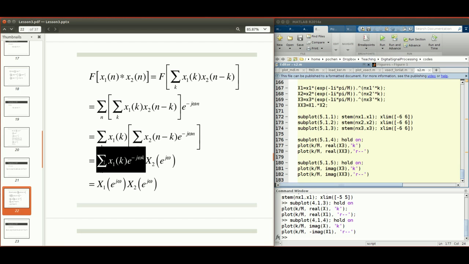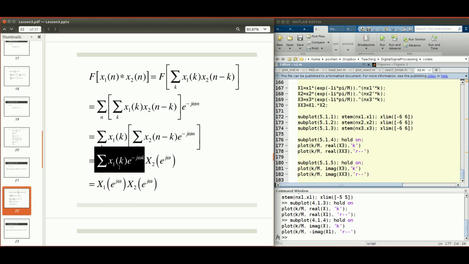It happens to be the Fourier transform of x1. If you replace k with another index, say n, then it becomes x1[n] e to the minus j omega n, summed over n. That's exactly the same formula as the Fourier transform of x1. So the whole thing under the selection is big X1(e^j omega).